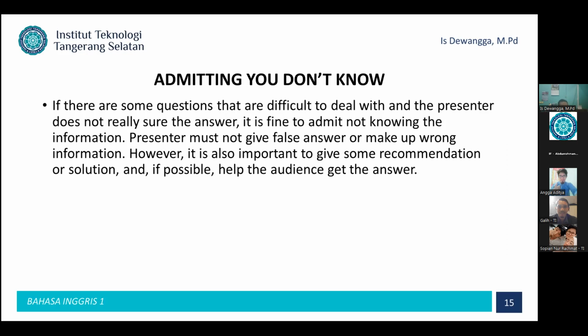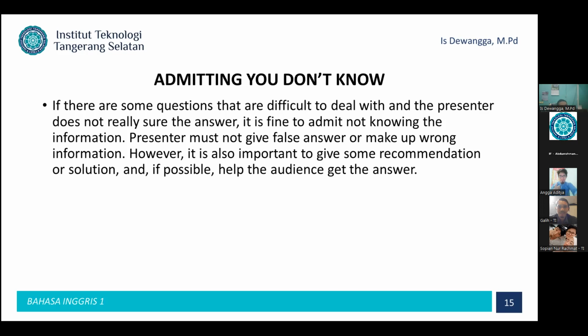Jangan malu untuk mengakui bahwa Anda tidak tahu jawabannya. Karena kalau Anda sok tahu, nanti Anda akan memberikan informasi dan jawaban yang salah. Gitu loh.